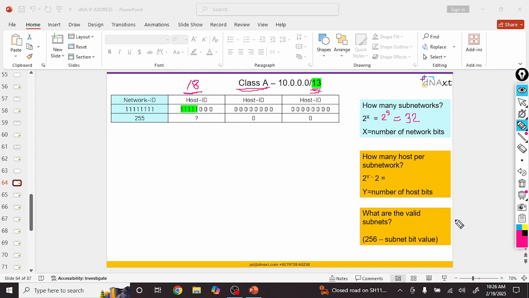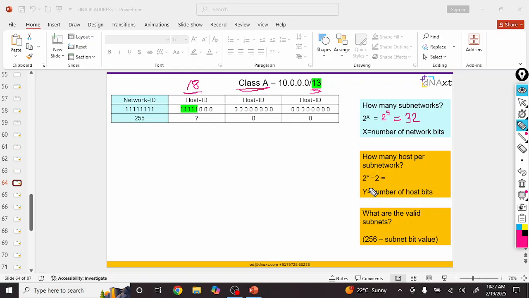How many hosts per subnetwork will we get? We get it with the formula 2 to the power y minus 2. Why minus 2? Because in each subnetwork, out of the IP addresses we get, one will be the network ID and one will be the broadcast ID, and we cannot assign these IP addresses to hosts. Hence we subtract 2 to get the actual capacity of that subnetwork, that is, how many endpoints you can attach to that network.